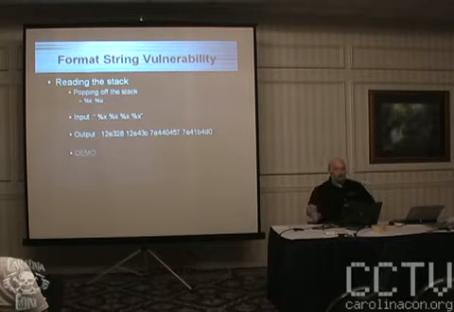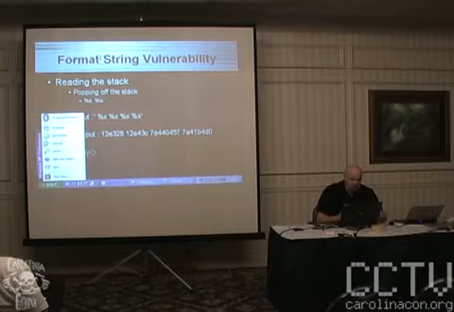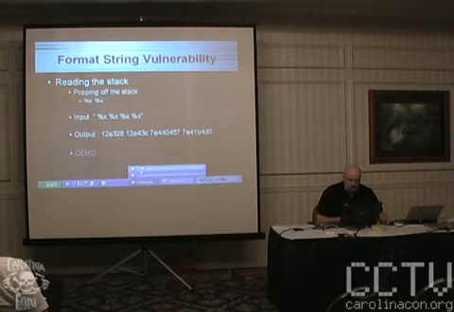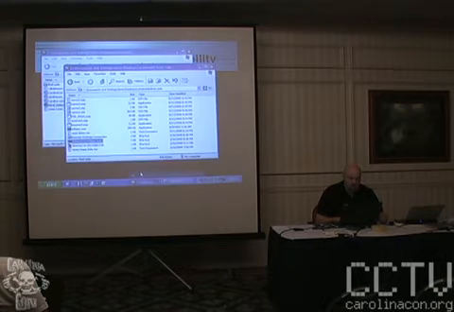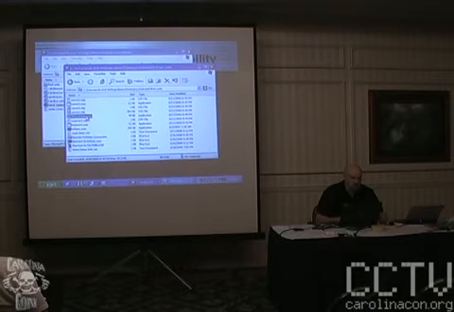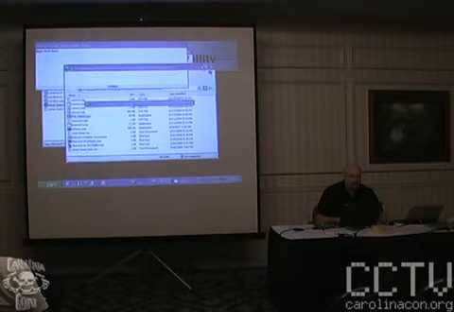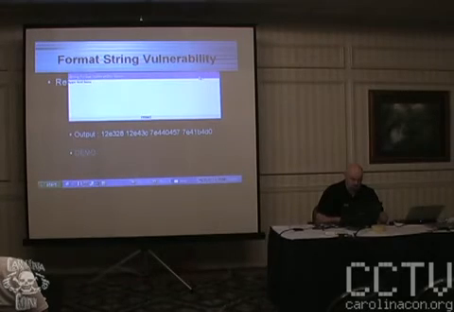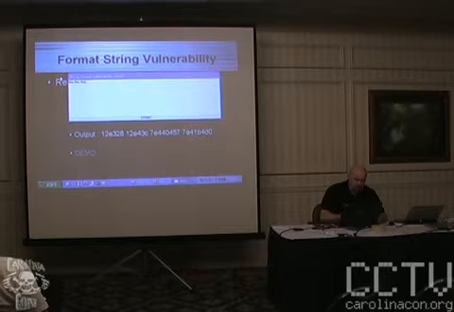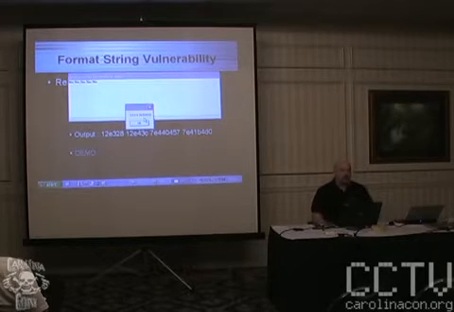We've got a simple GUI program we put together that is vulnerable. It's a bad piece of code. This program right here is vulnerable. So if we put format string specifiers in it and press print, it'll actually read from the stack.